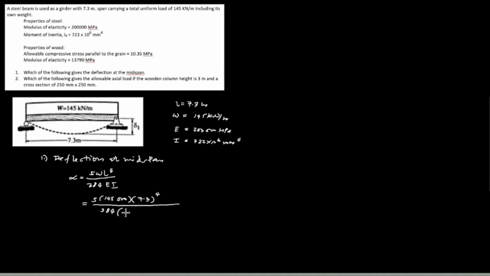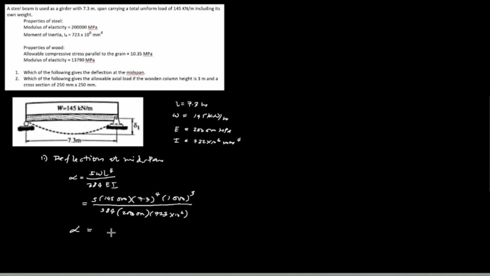384 times 200,000 megapascal, multiplied by I, which is 723 times 10 to the power 6, and to convert, we multiplied by 1000 cube, and this will be in millimeter.